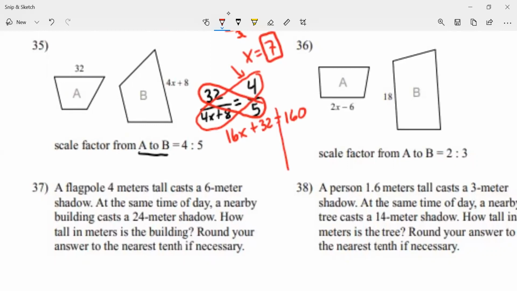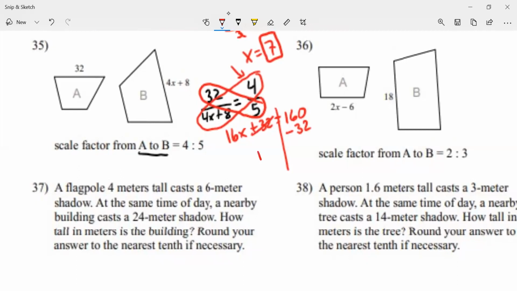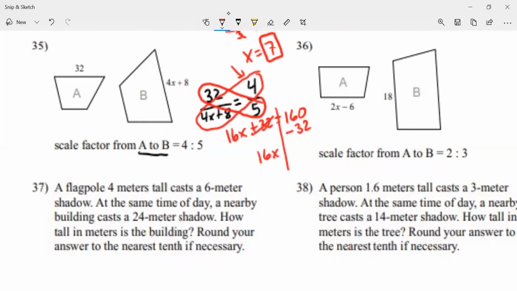Separate them through the equal sign. I want the 16x by itself. So this plus 32, let me move it to the other side as a minus 32. So I get 16x is equal to 128. Now let me divide both sides by 16.